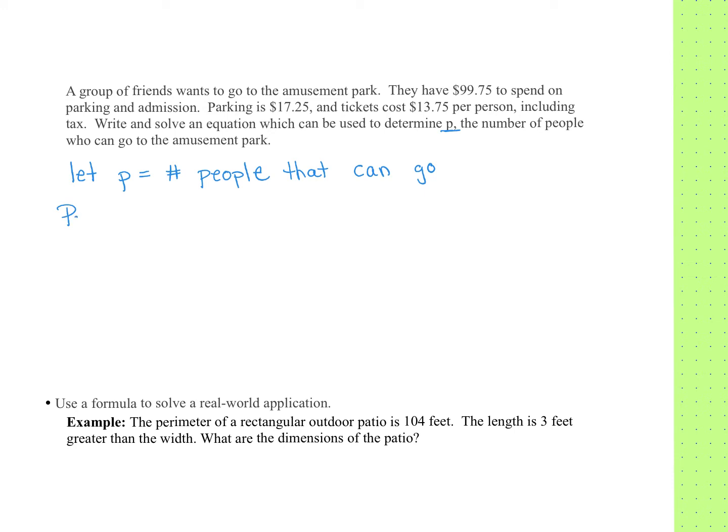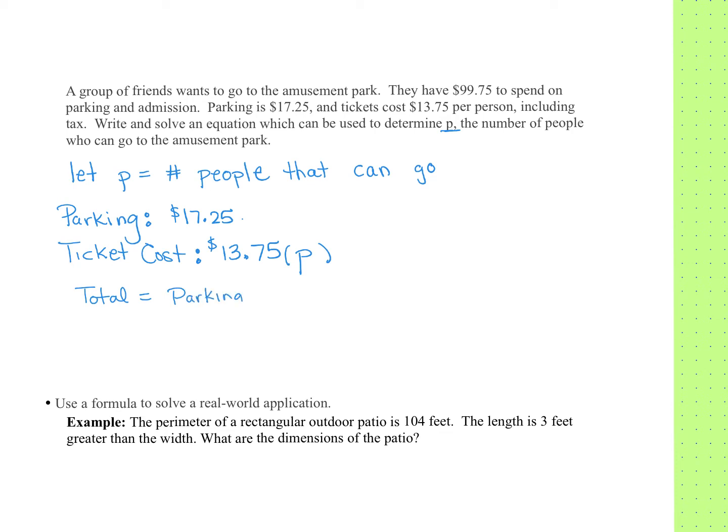And parking is $17.25. And ticket cost is $13.75 per person, so times the number of people is P. So again, we've basically got the total is the parking plus the tickets.